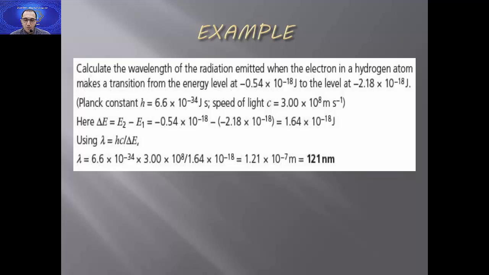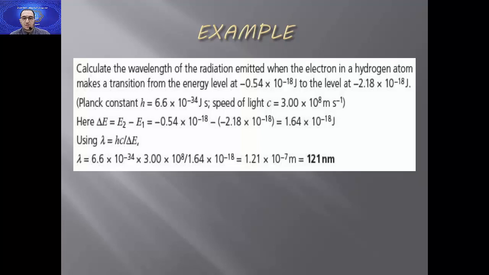Calculate the wavelength of the radiation emitted when the electron in a hydrogen atom makes a transition from the energy level at negative 0.54 times 10 power negative 18 joule to the level at negative 2.18 times 10 power negative 18 joule, and he gave you Planck's constant and also the speed of light.